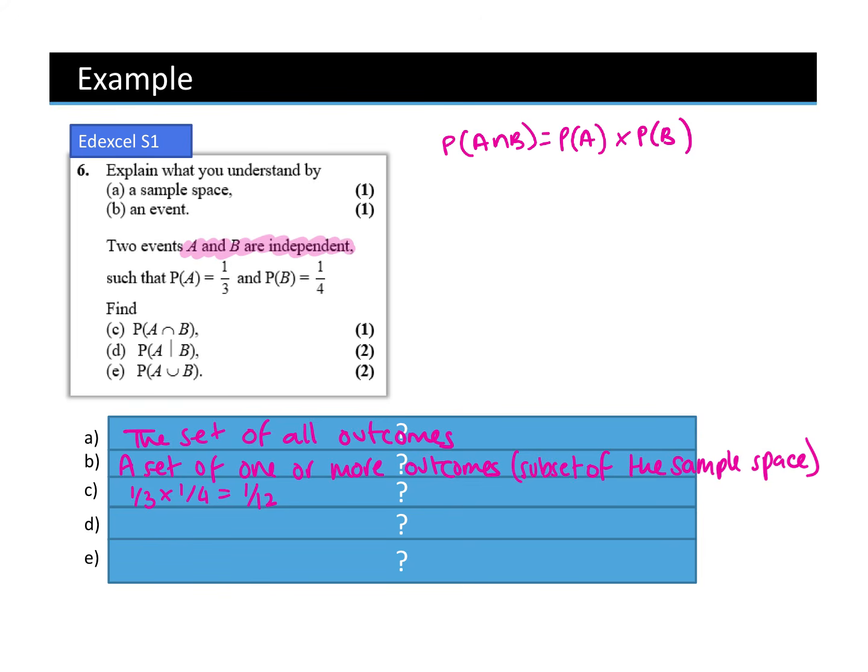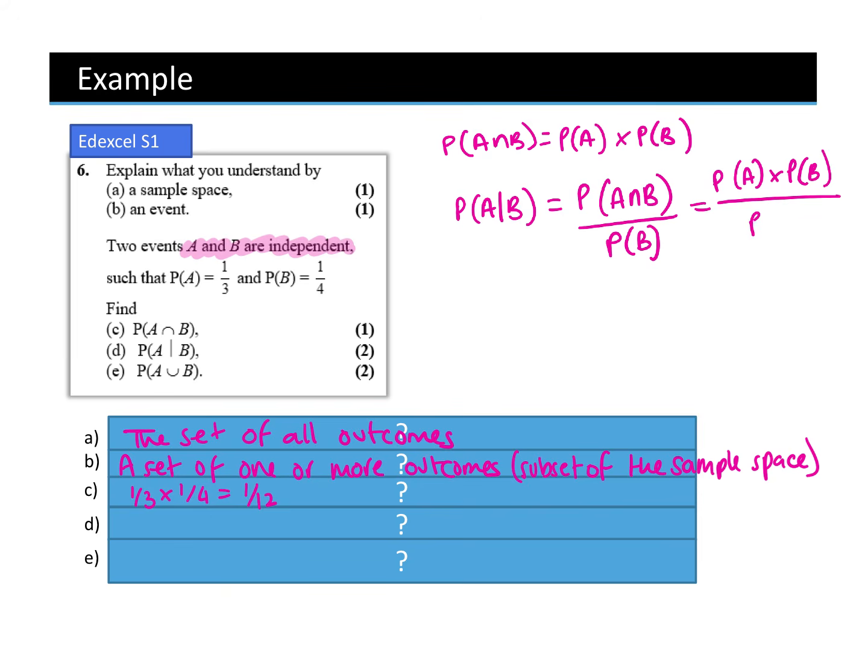Now, for part D, the probability of A given B. That means the probability of A given B is the probability of A intersection B over the probability of B. Now, because they are independent, the probability of A intersection B we can rewrite as the probability of A multiplied by the probability of B, over the probability of B. So actually, they're going to cancel.